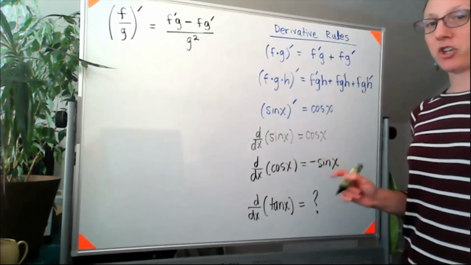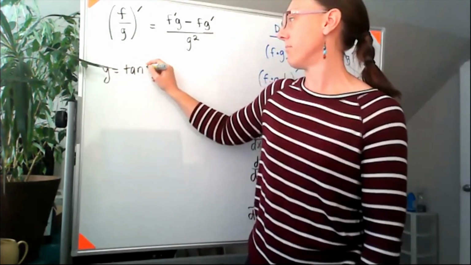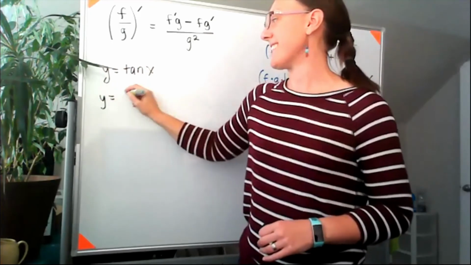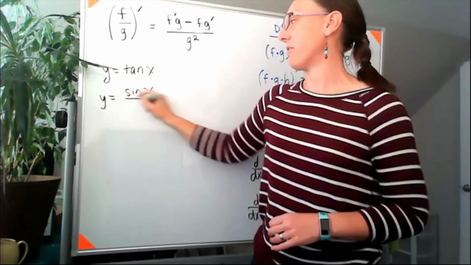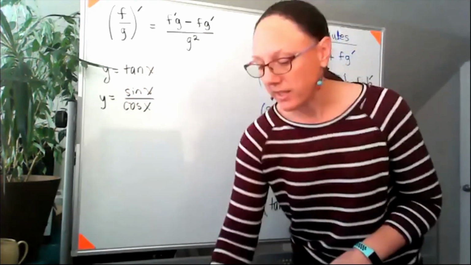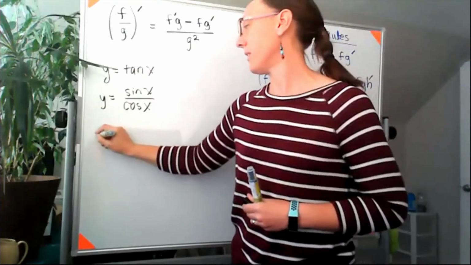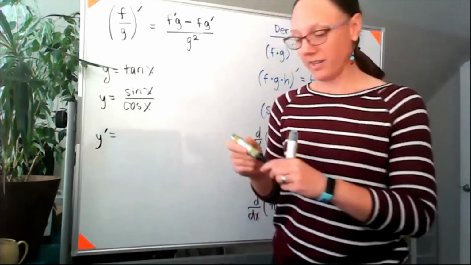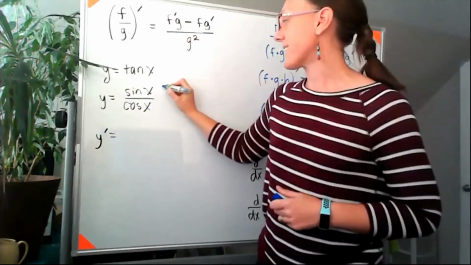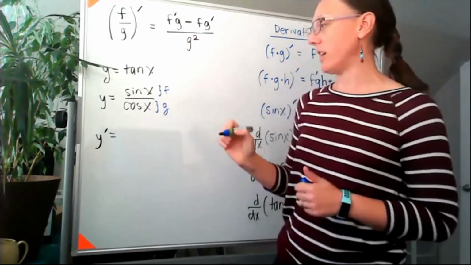Well, if my function is tangent of x, then one of those trig rules that we need to know is that tangent is the same as sine of x over cosine of x, which means that if I want to take the derivative of that, we're going to need to use the quotient rule. So I'm thinking about that sine of x as my f and the cosine of x as my g.